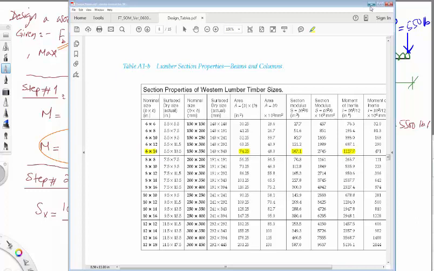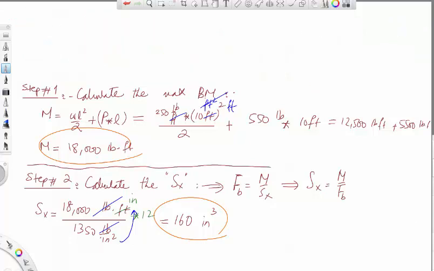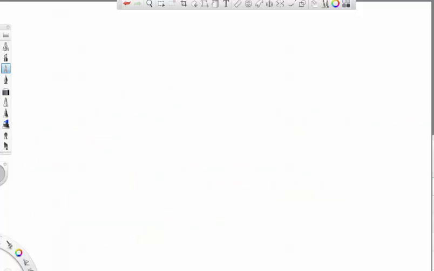Let me put them one at a time. So I move to step number 3, which is choose a section.